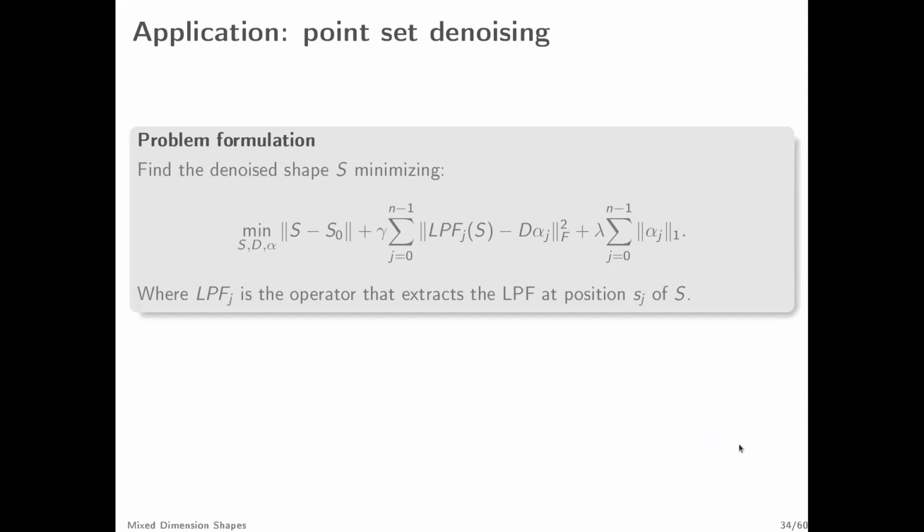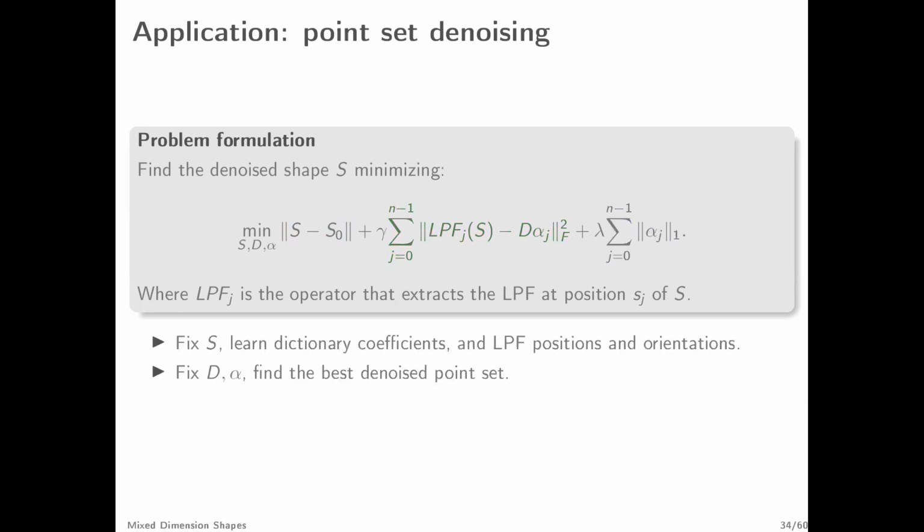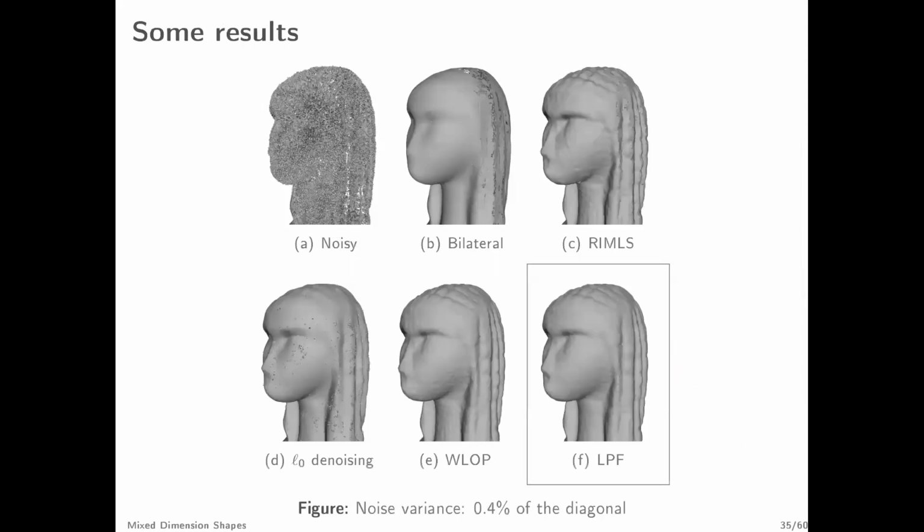You can also apply it to denoising, so I'll be quite quick about that, by combining it with a data attachment term and the fact that you should denoise your representation. And here is the kind of results we get. Here is a standard surface, so it works okay.